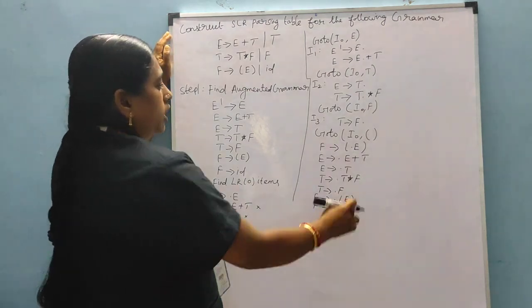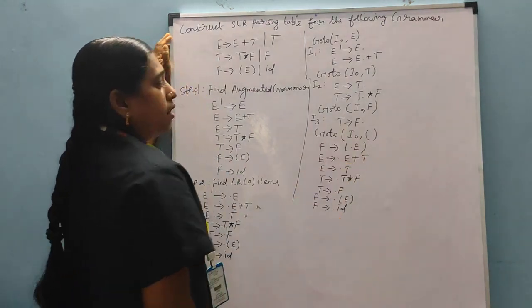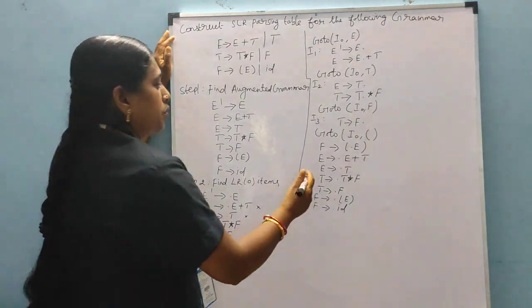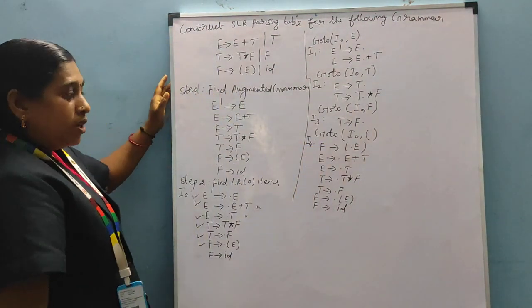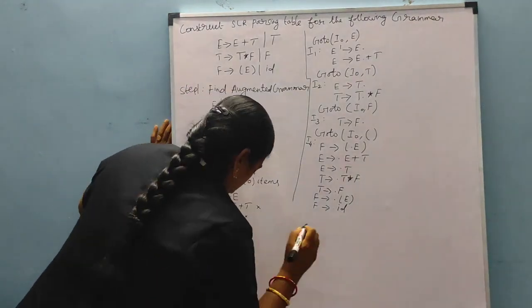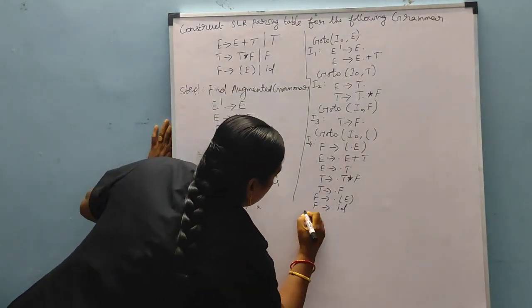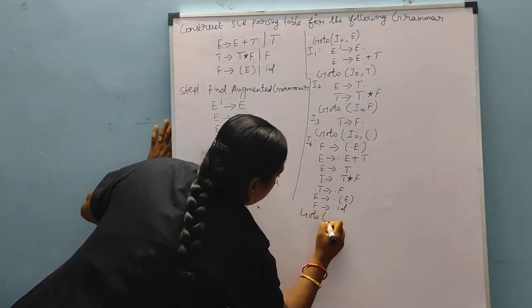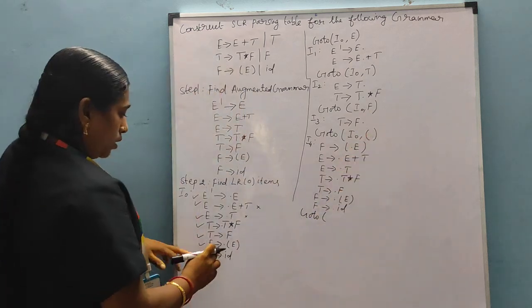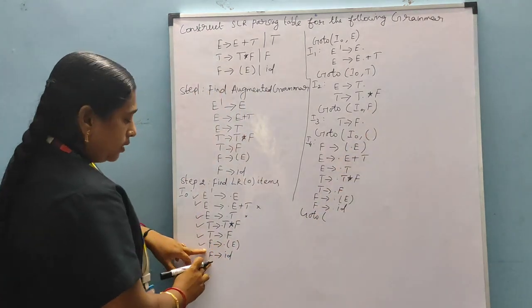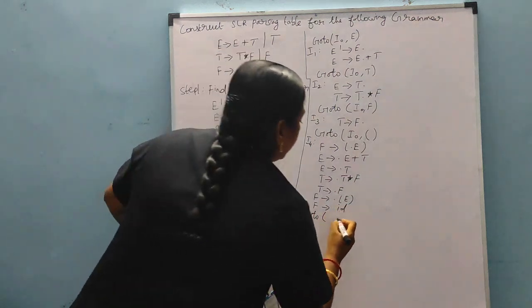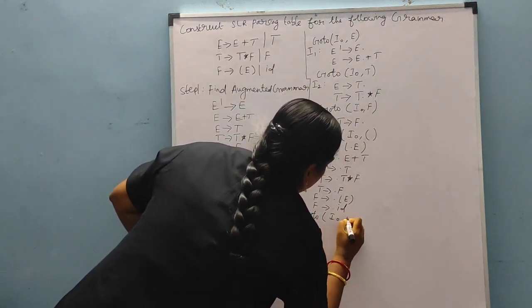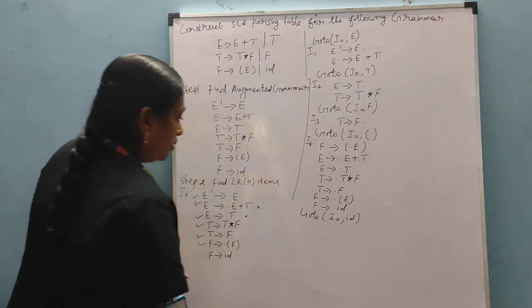Okay. Now check whether it is a new state or an existing state. It's a new state. So I am writing it as the I4 state. Okay. The next one, yes, go to I naught comma open bracket completed, and the next one, I naught comma ID.